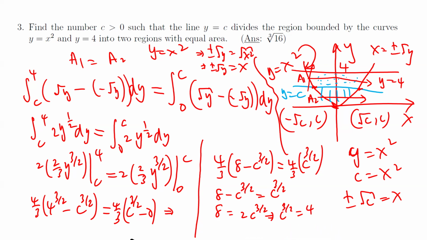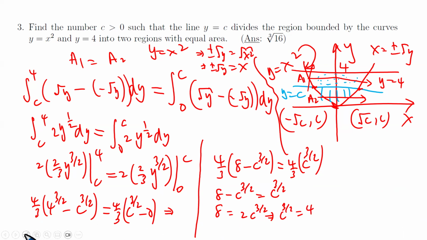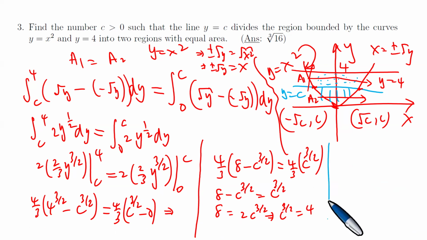Okay, so we are already done with this, but we just need to solve for c from that particular equation. If c to the power 3/2 is 4, then what is c? We know that c^(3/2) is 4, which means c is 4 to the power 2/3.